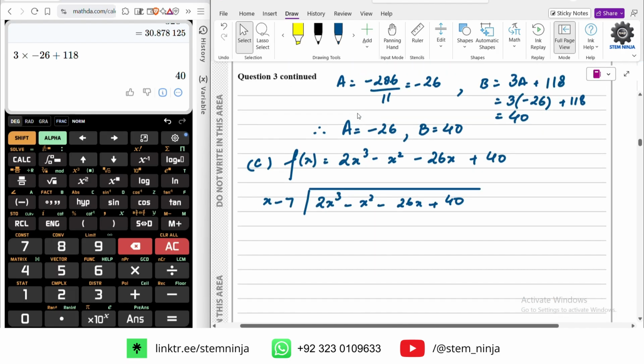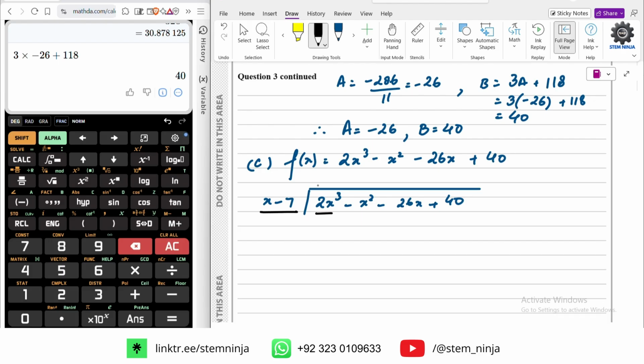Right, okay. So we start with the first term, so we need to multiply this with 2x squared to make it 2x cubed minus 14x squared. So when we subtract, signs will change, so you will get 14 minus 1, that is 13x squared minus 26x.